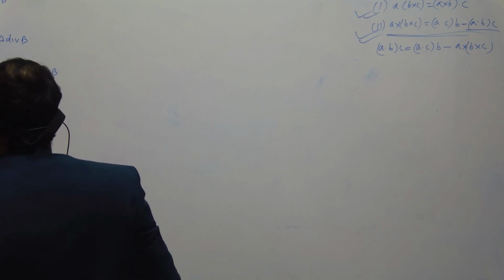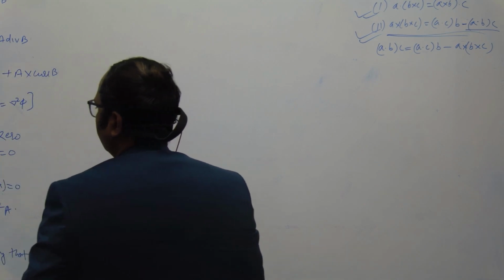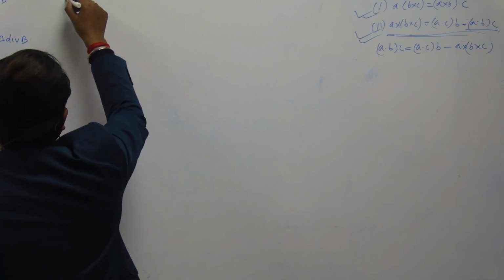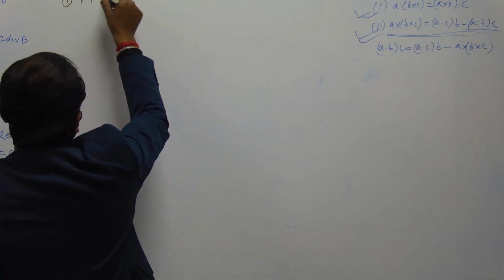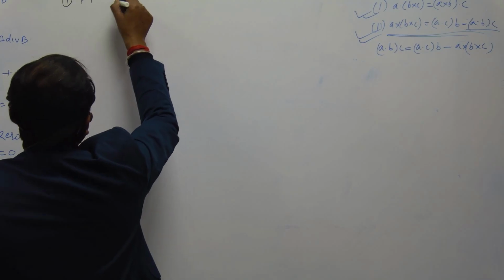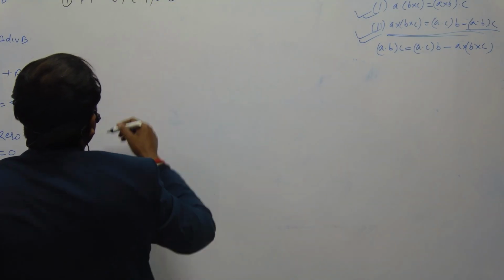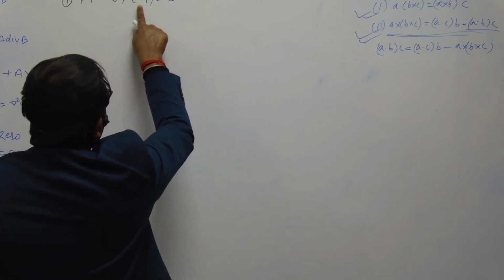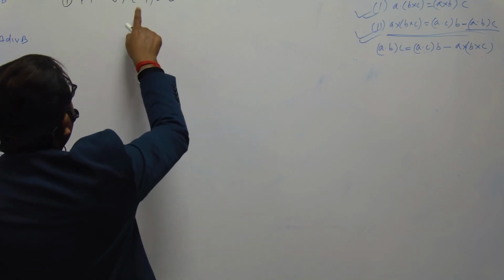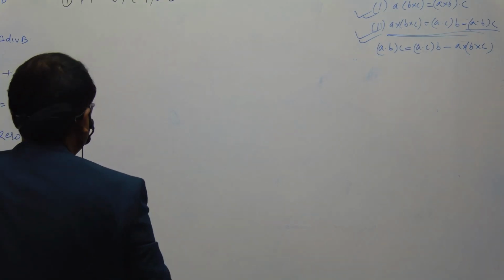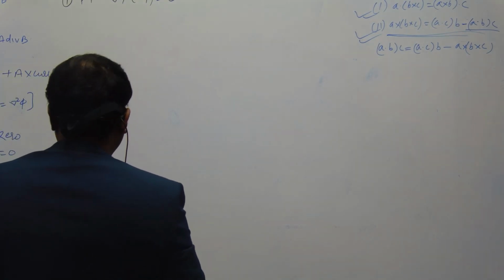In the ninth question, we have to prove that curl of gradient of phi, this is del cross del phi, is equal to 0. This is curl of gradient of phi. This is gradient of phi, and curl of gradient of phi is del cross del phi. Okay, so let us find this.